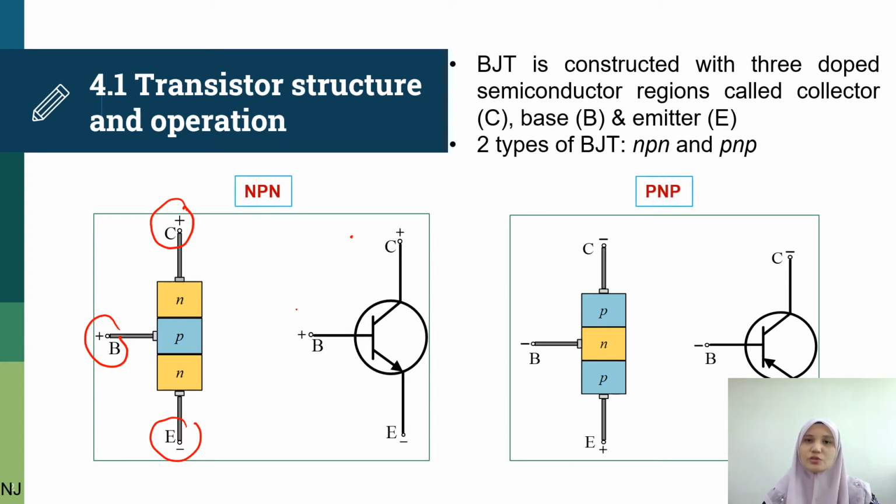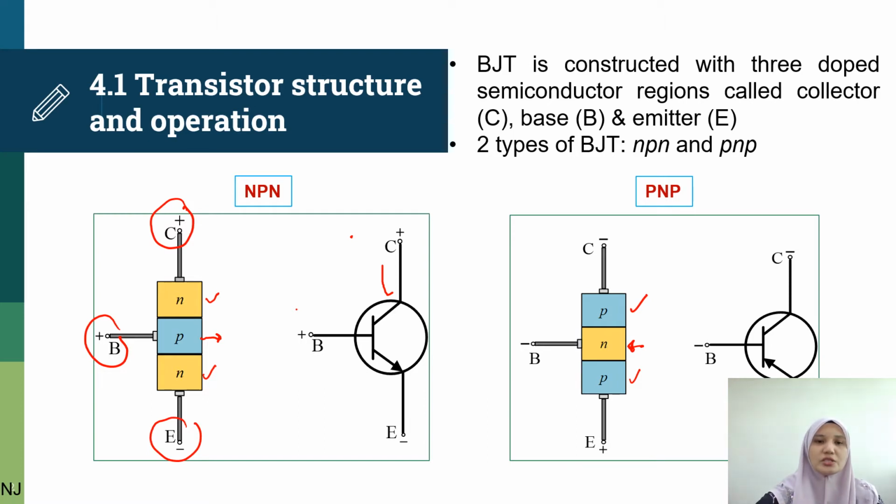Can you spot the difference between these two? For the NPN, it is constructed by two N regions, which are separated by the P region. While for the PNP, it is constructed by two P regions separated by an N region.